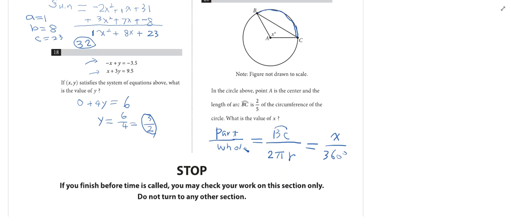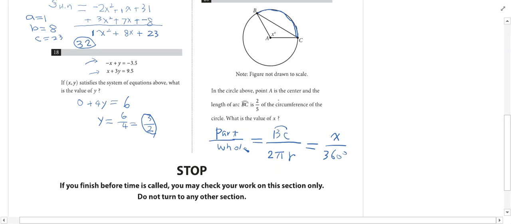For this question, they told you that this ratio equals 2 over 5, because the BC arc equals 2/5 of the circumference of the circle. So this equals 2 over 5.